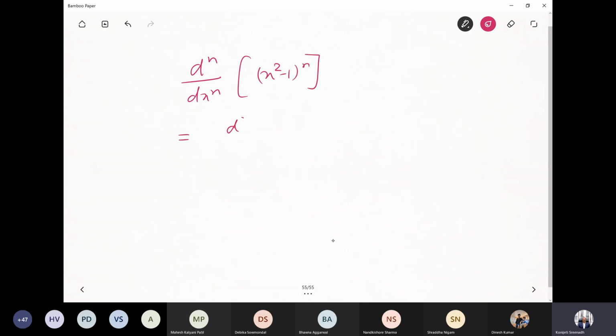This is the nth derivative of x minus 1 into x plus 1, right? So apply the product formula on this. Then you see that each time the derivative is going to act either on this or on this. That is the reason why it is not going to be 0.